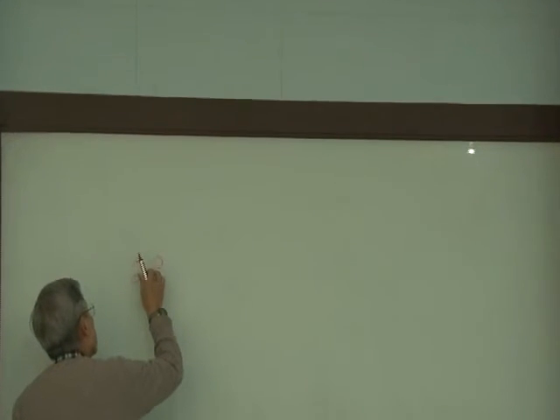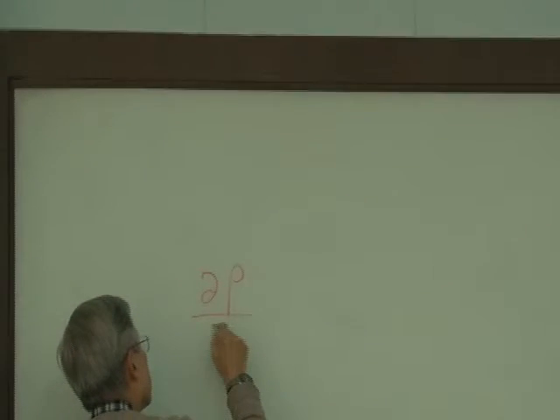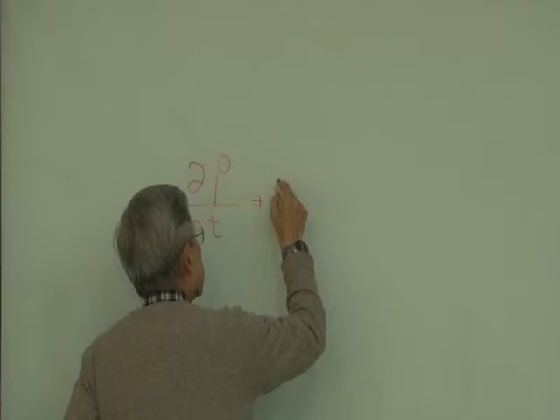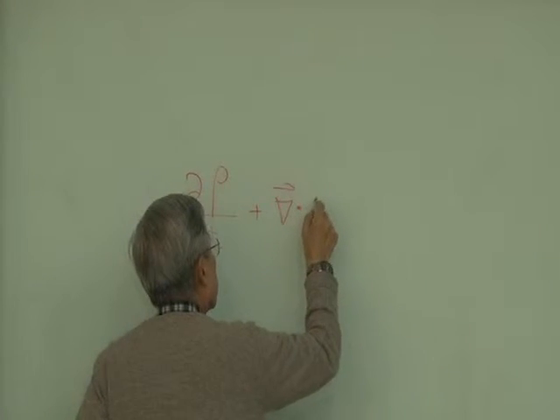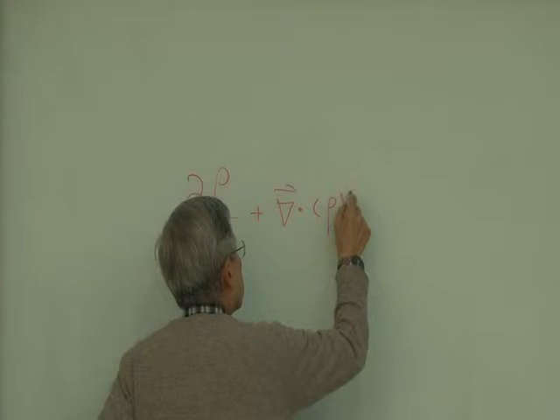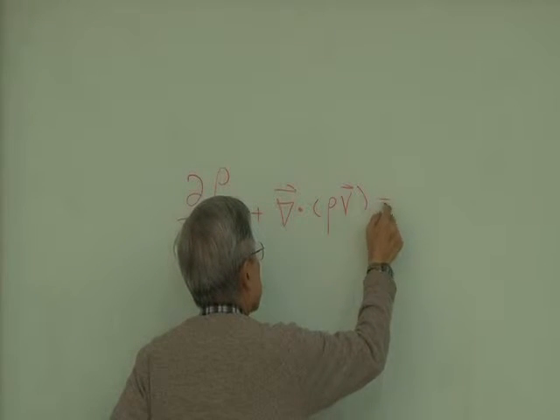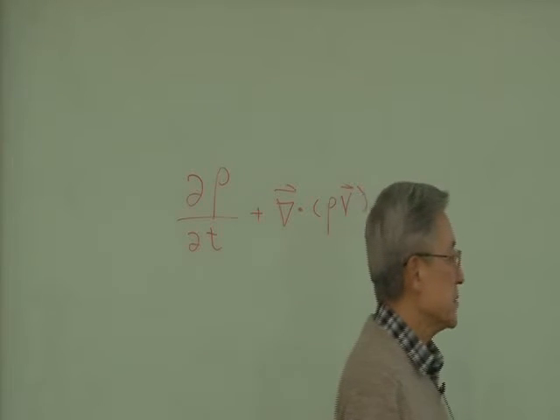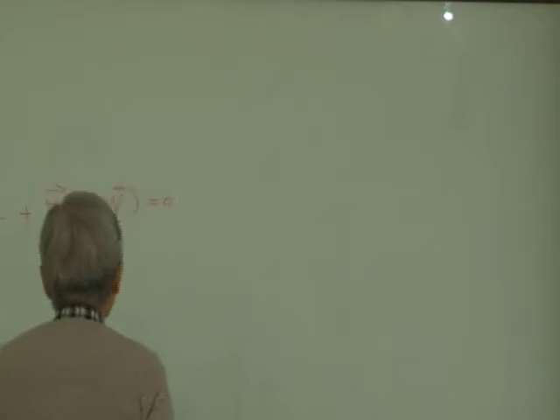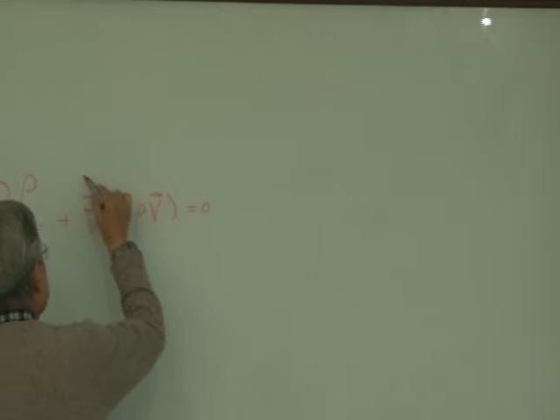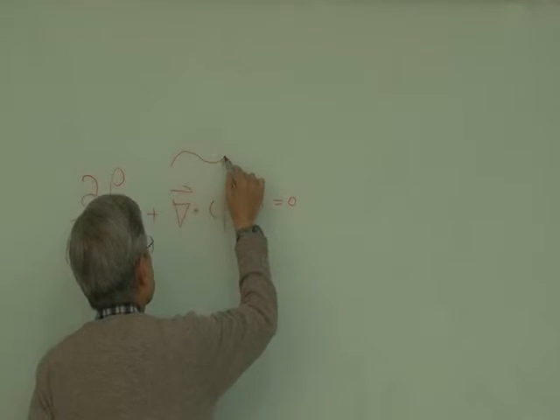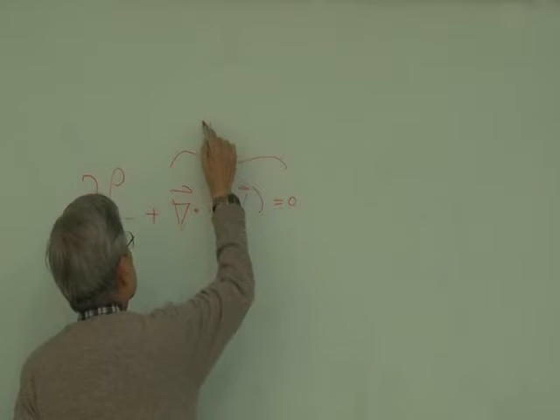Which is del rho over del t plus del dot rho v is equal to 0, for simplicity. So this is called divergence.